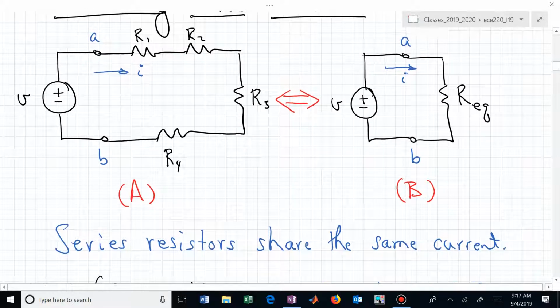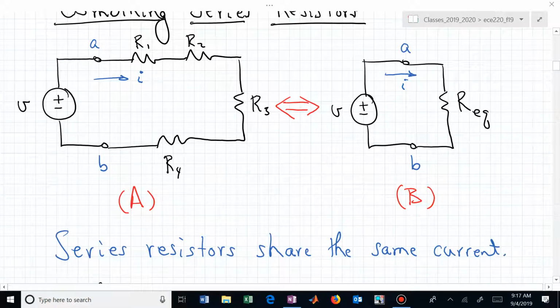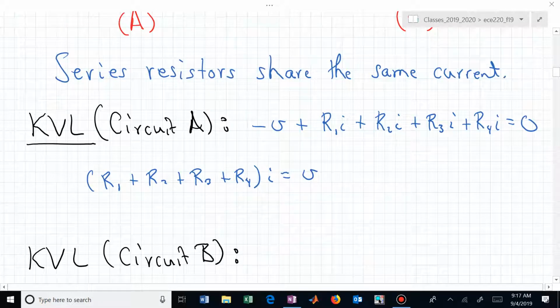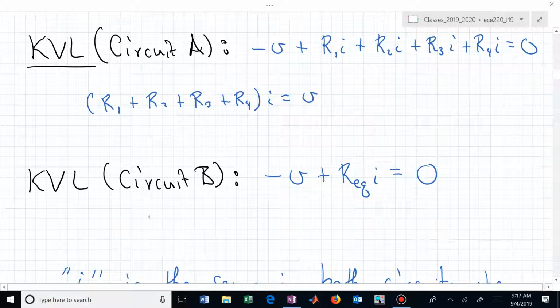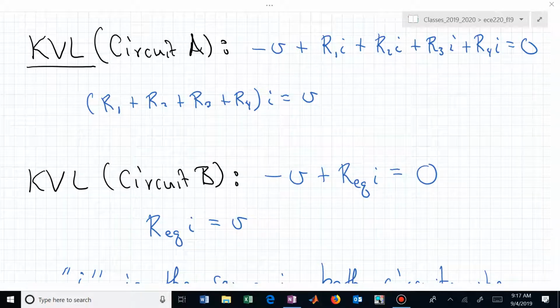And in circuit B, that KVL is fairly clean. That's minus V plus R equivalent times I equaling 0. We can solve that consistent with what we just wrote down before, and now if those two equations have to have the same voltage and current associated with them, what's in parentheses in the top equation has to equal R equivalent, and that's what we said to begin with.